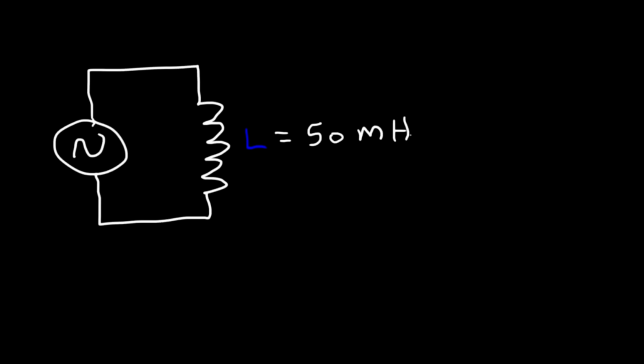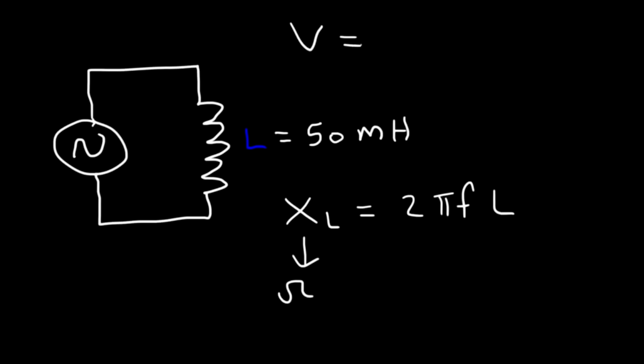Inductors present inductive reactance to an AC circuit, which acts like resistance. The inductive reactance, represented by XL, is equal to 2 pi FL. XL is measured in ohms like resistance. So just as V equals IR, V is equal to I times XL.